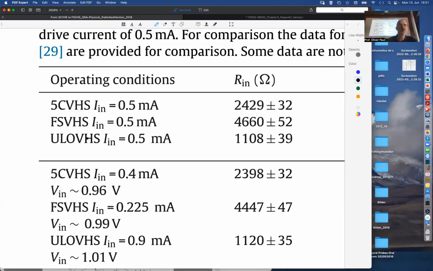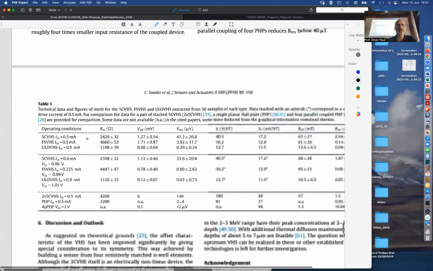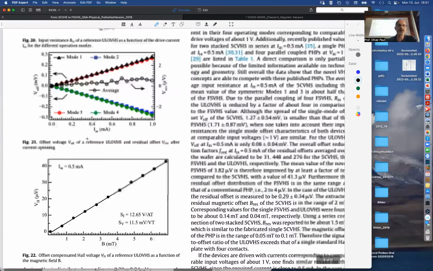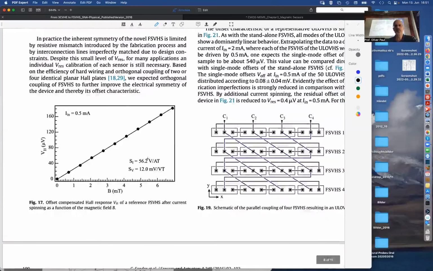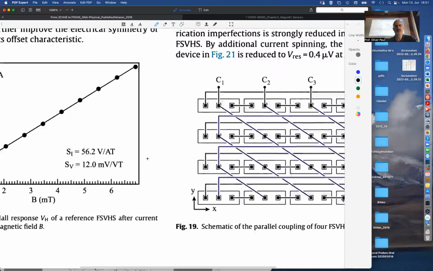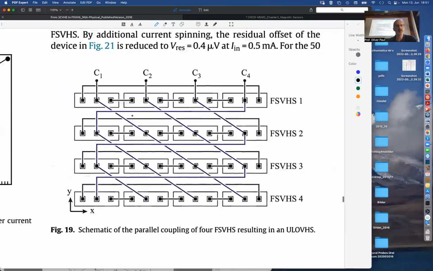So the Ulof's, what is that? That is a connection of 4 such devices into one big device. So here you have the vertical Hall sensor viewed from the top, and then a second one, third one, fourth one. And now the first element is connected to the second, to the third, to the fourth, and vice versa. And that is a parallel operation of 4 devices in the 4 current directions, or the first 4 cyclic permutations that you can operate.